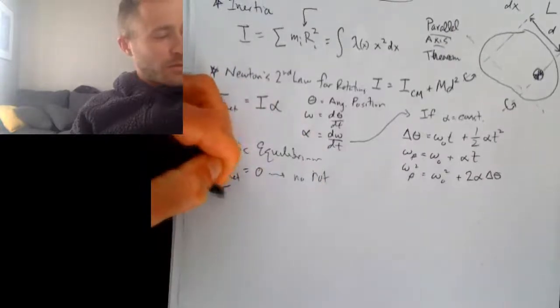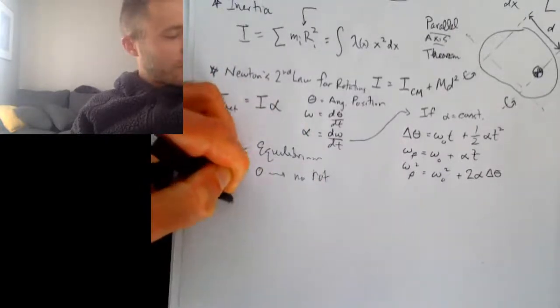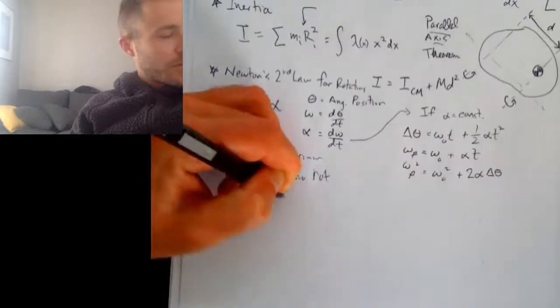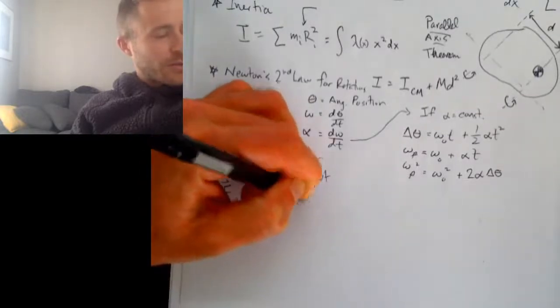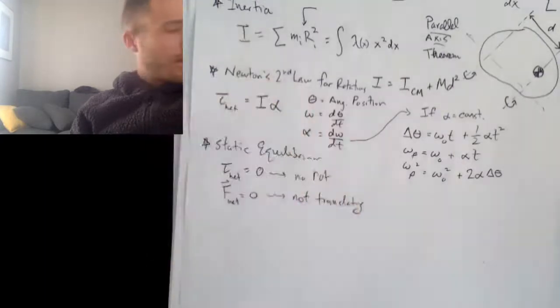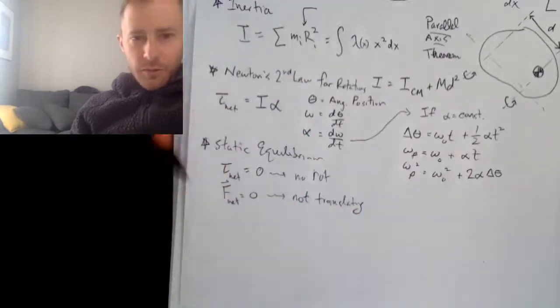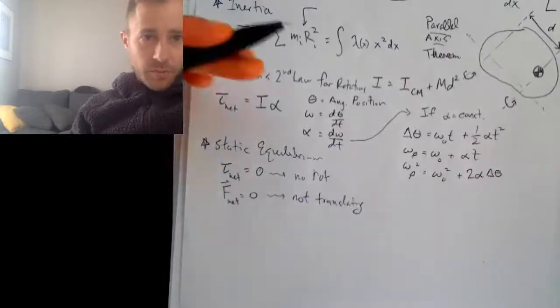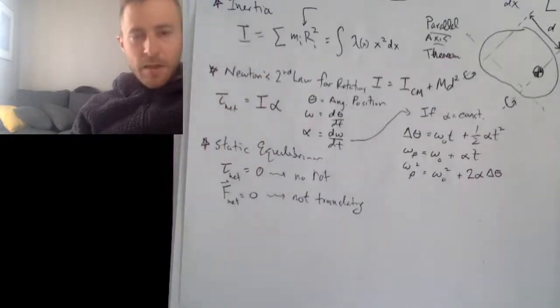And then also, the net force is equal to 0, which means that it is not translating. Okay? And so this will result in a system of equations that will allow you to solve for the forces. So that's a common type of problem.